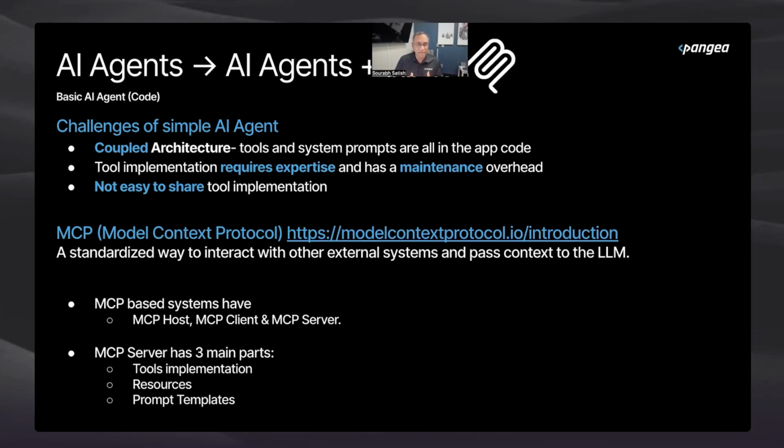For me as an application developer, yes, the protocol and the structured way of sending data back and forth with the LLM is important, but more importantly, it helps me think about the AI agent in a more modular way, where the application does not have to hard code the tool implementation within the agent, but can move it out into an external component that can be shared by multiple agents.